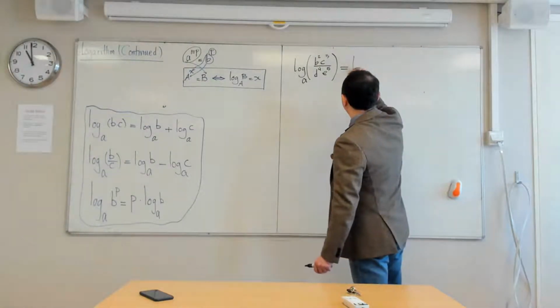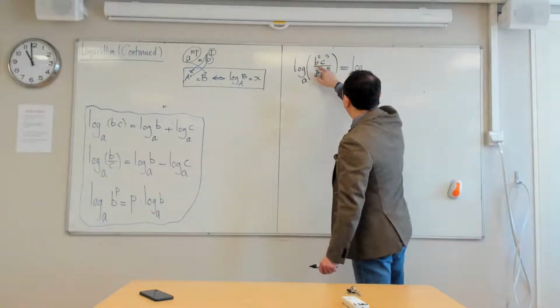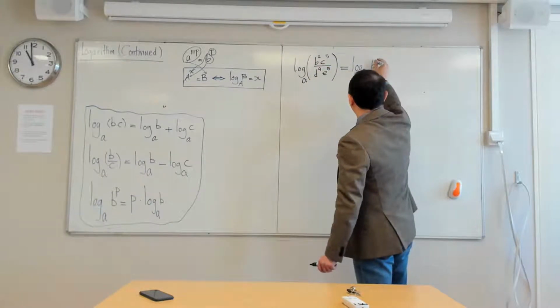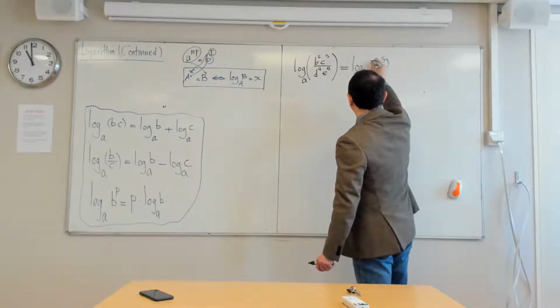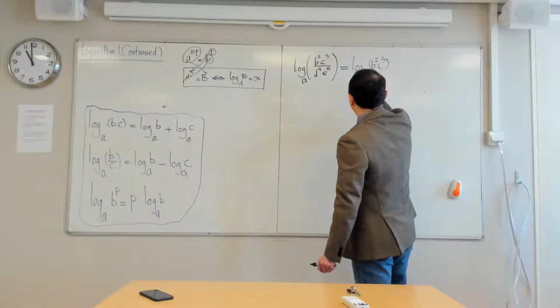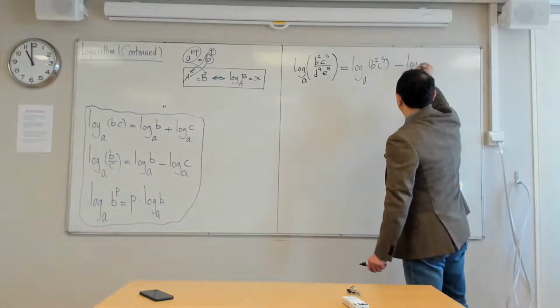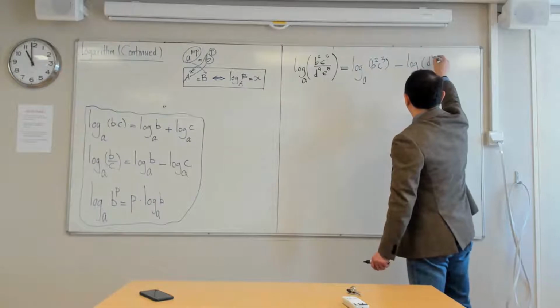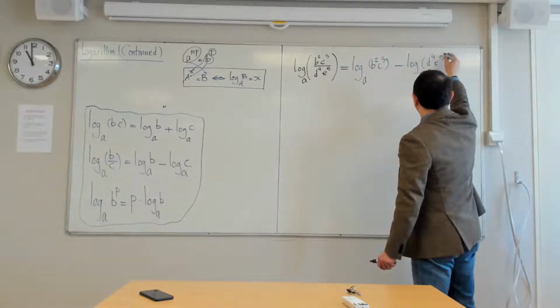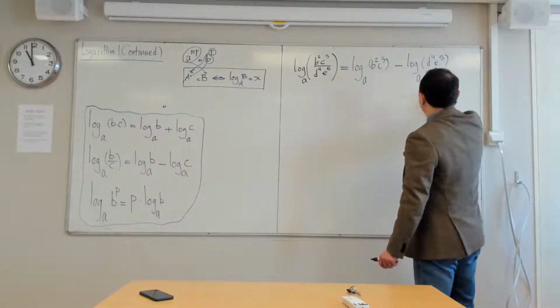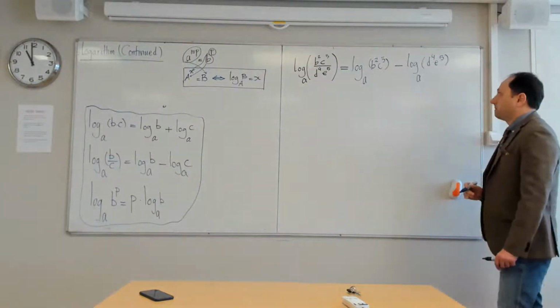So this becomes the log of the numerator in the base A minus the log of the denominator in the same base A.